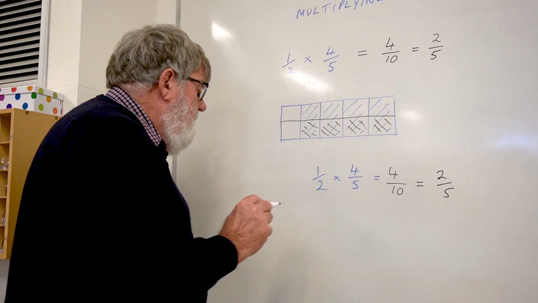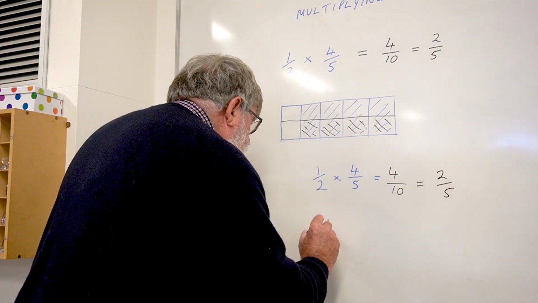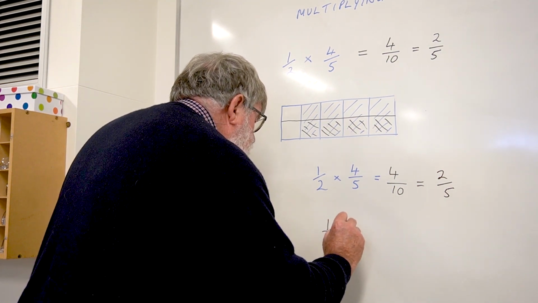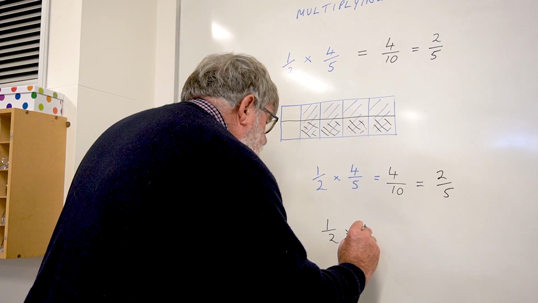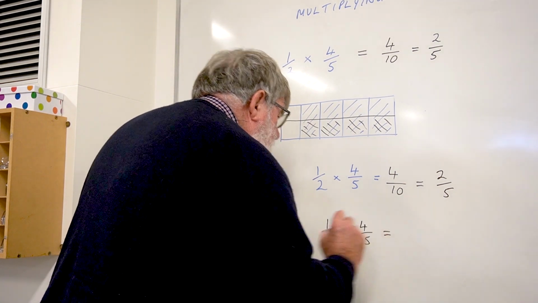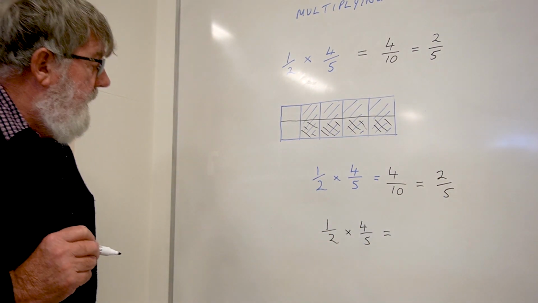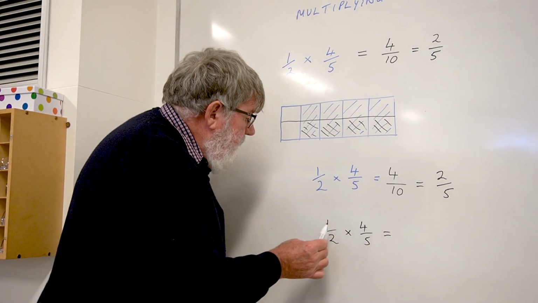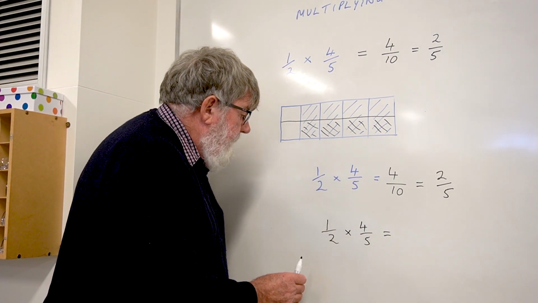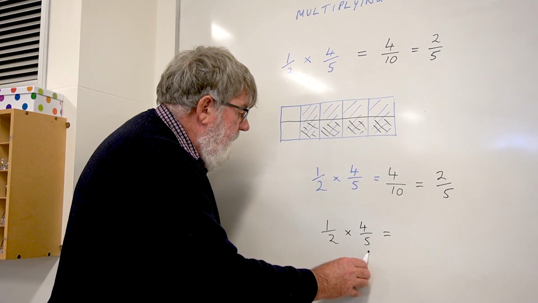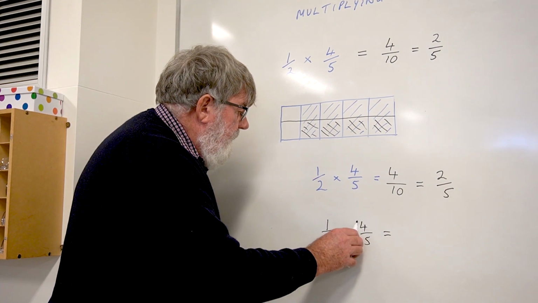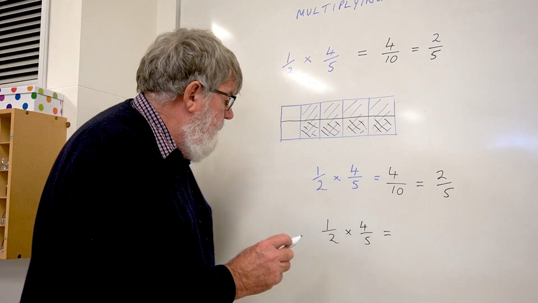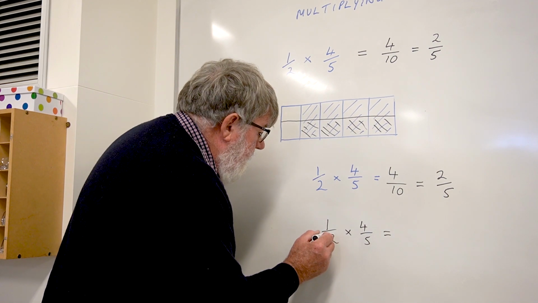But what I was referring to before about looking for your common factor first means you can actually cancel down with much smaller numbers. On the top line I've got a 1 and a 4. On the bottom line I have a 2 and a 5. The 2 and the 4 have a common factor of 2, so I can divide by 2.